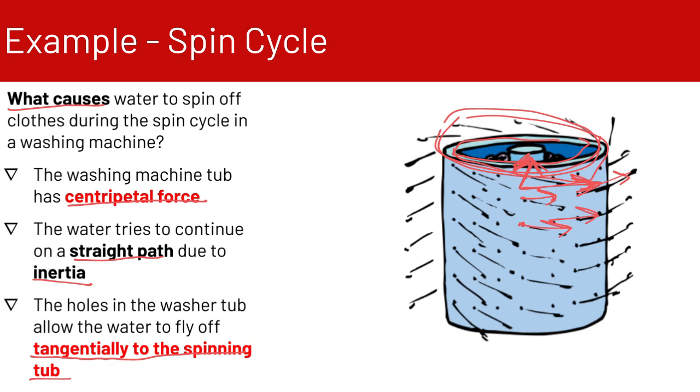The clothes and the water are both moving tangentially, but the clothes, because of the tub, are not able to fly off tangentially. They are forced to spin around in a circle. Whereas the water, because of the little holes in the washer tub, is able to fly off tangentially, and it gets caught by the rest of the washing machine surrounding the tub that's spinning around. So that is how the spin cycle works in your washing machine.